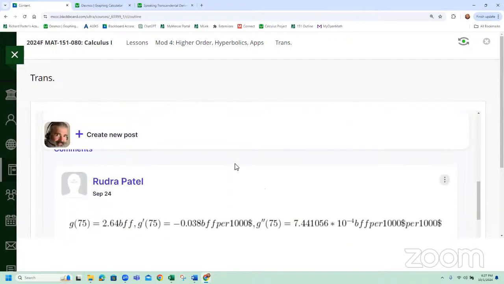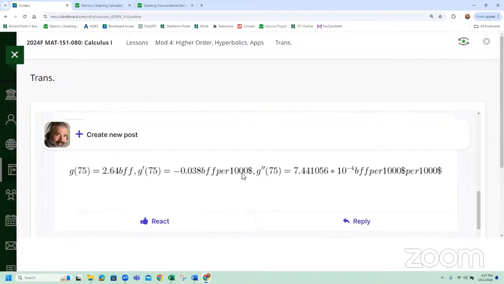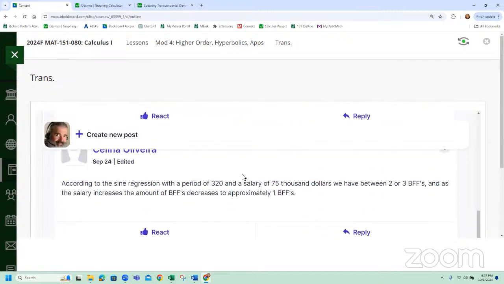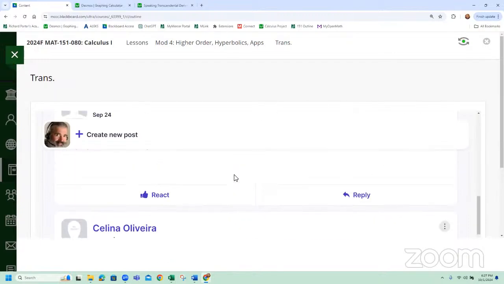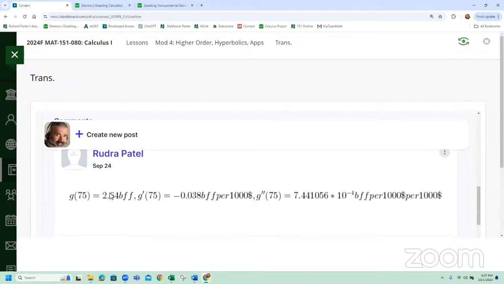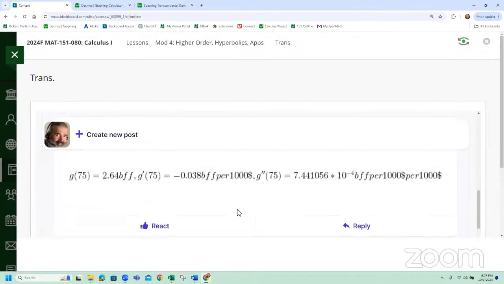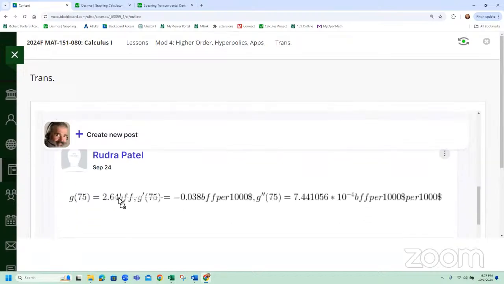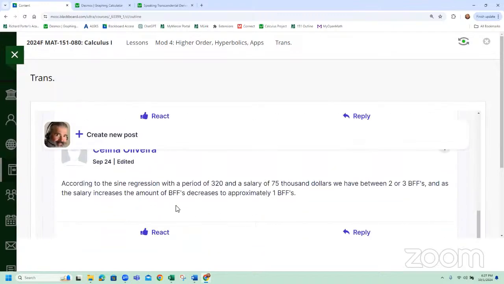Okay, so that may be true, but don't say that, that's not what this says. So Selena, you have to say it this way. At $75,000, you can say you have between 2 and 3. That makes sense, but it's not going down to 1 BFF.